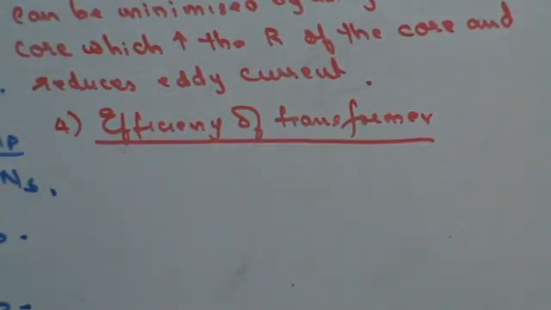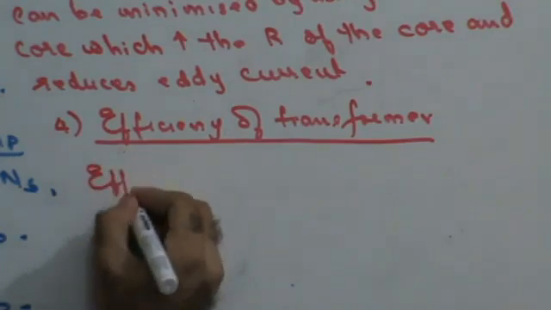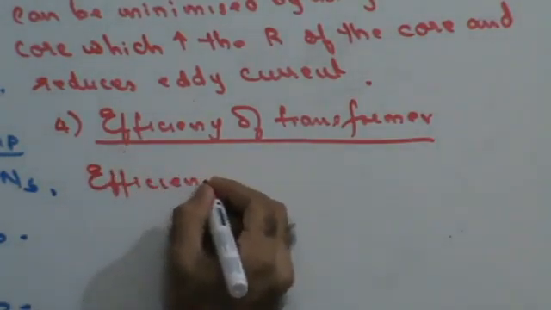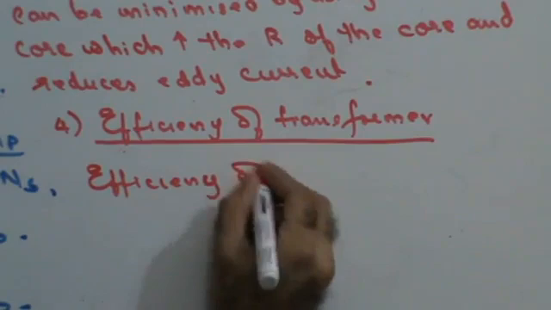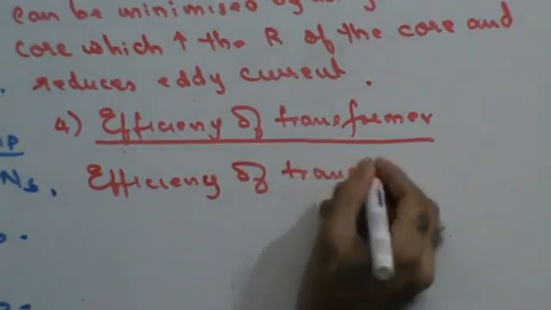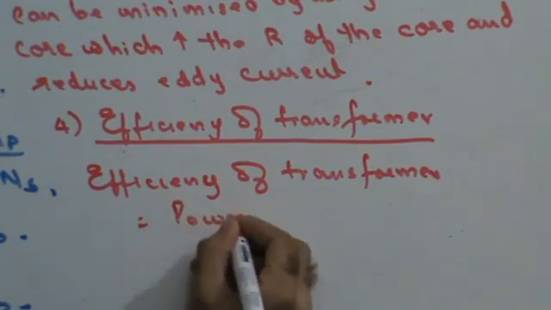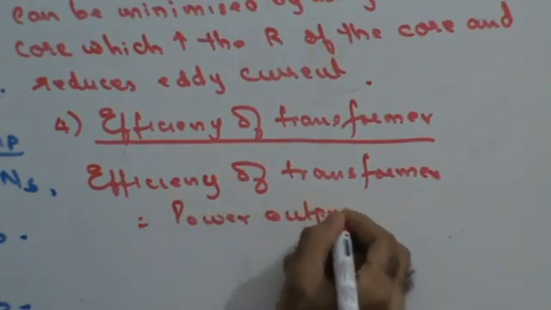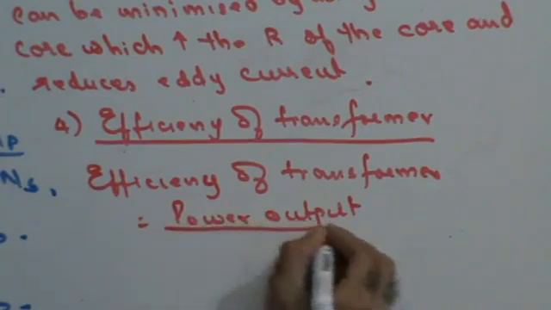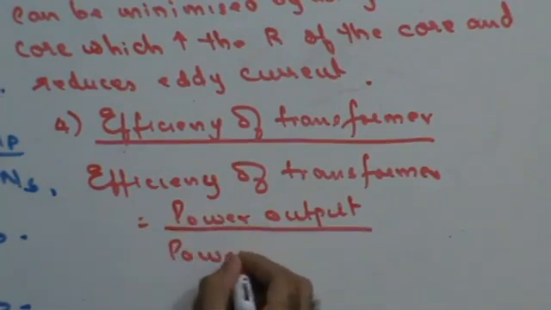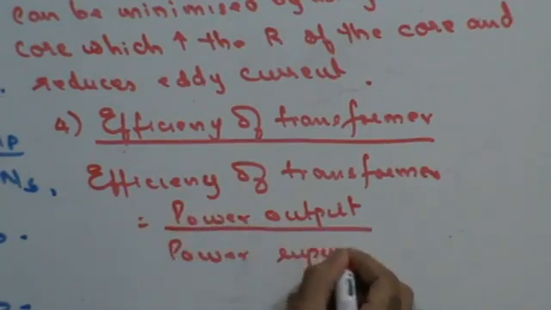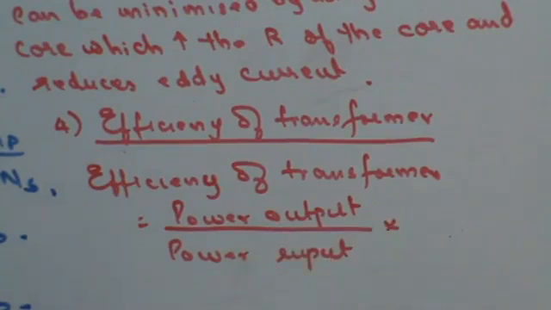Efficiency of a transformer is given by the formula power output upon power input, into 100 if you want to represent it in terms of percentage.